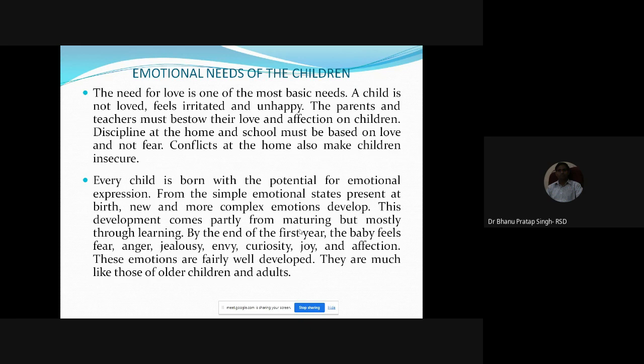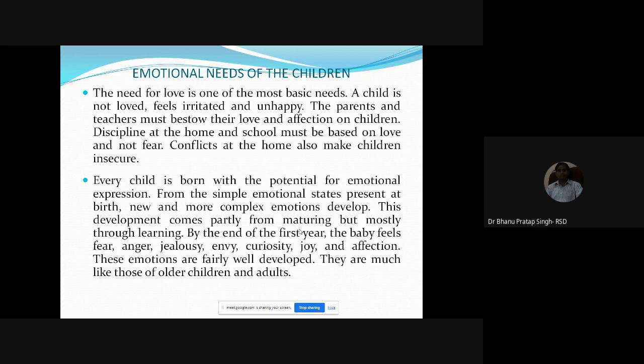Discipline at home and school must be based on love, not fear. Conflict at home also makes children insecure. So the home environment should be very conducive.